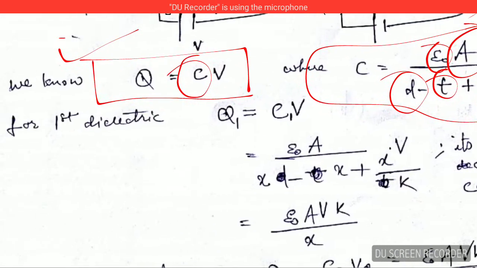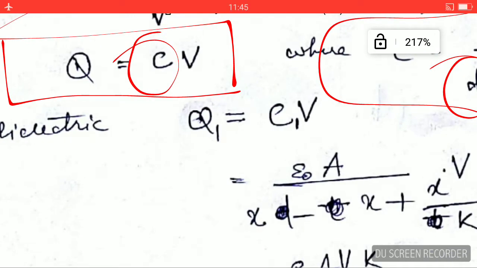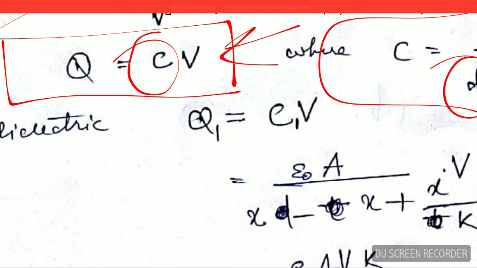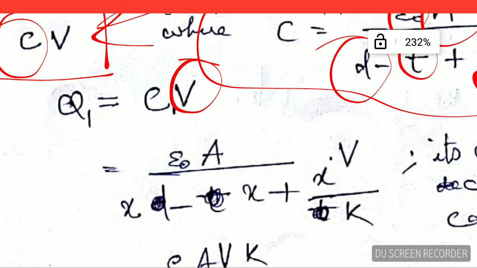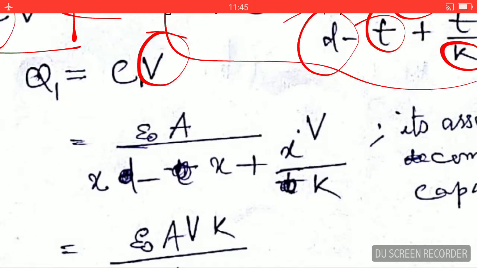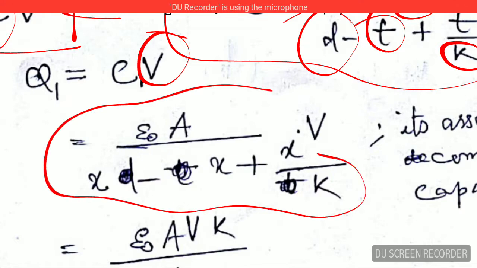Let's solve this equation for the first capacitor. For the first capacitor we take Q1 and C1, whereas the voltage for both of them is the same, so I have written V. Now you can see the value of the capacitance here.